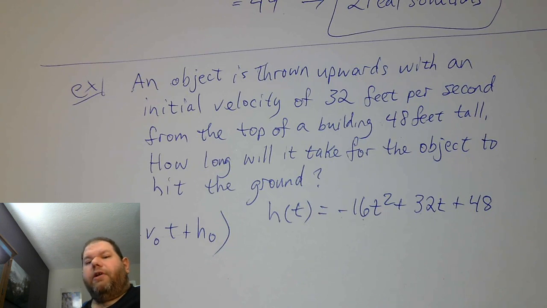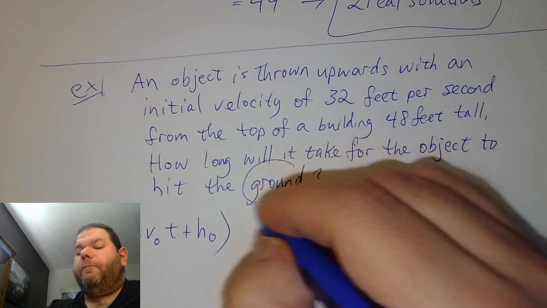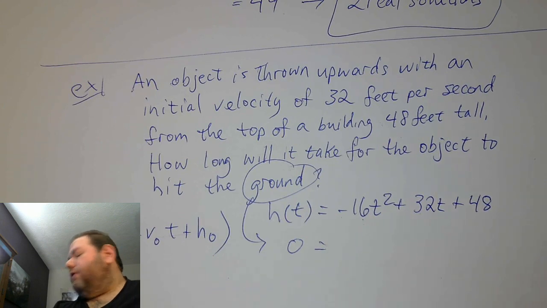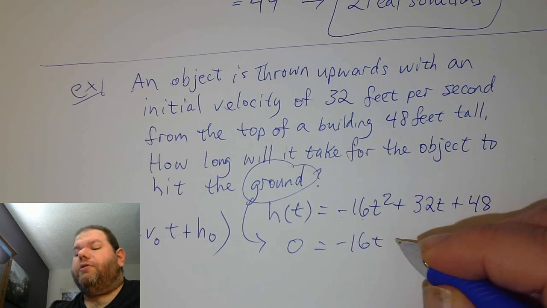If the object hits the ground, how far is it off of the ground now? Zero, yeah. If it's on the ground, then its height is 0 feet above the ground. So since we know it hit the ground, we'll plug in 0 for the height and set that equal to our equation.